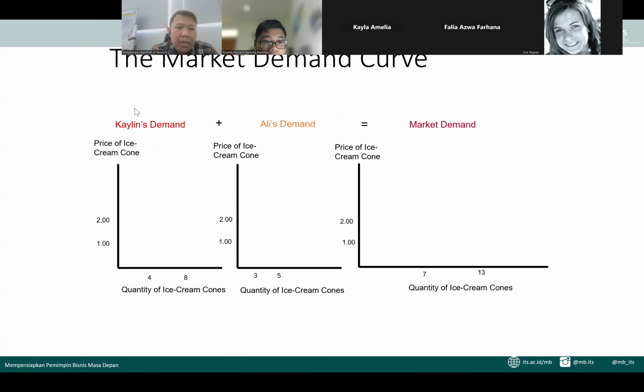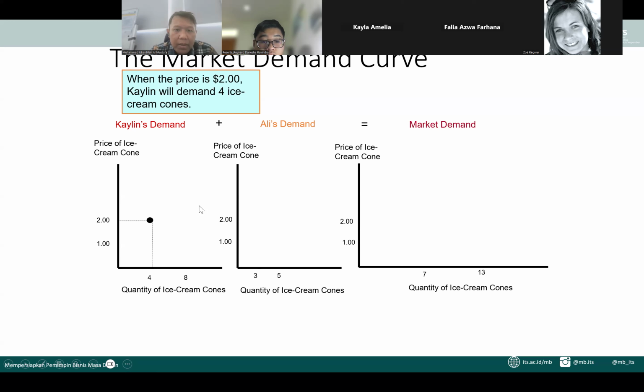On the left side, we have Kaylin's demand. We have only one person named Kaylin, and this graph shows the willingness and ability of Kaylin to buy ice cream. When the price is $2, she is willing and able to buy 4 units of ice cream.